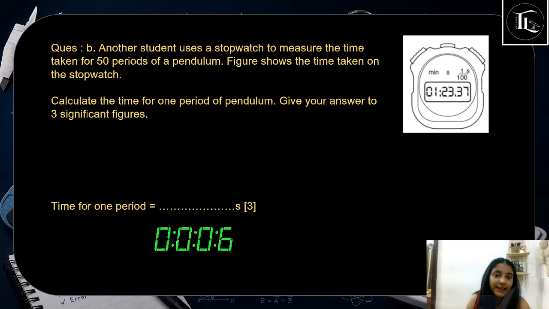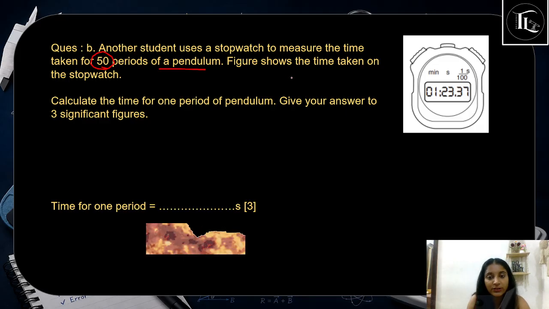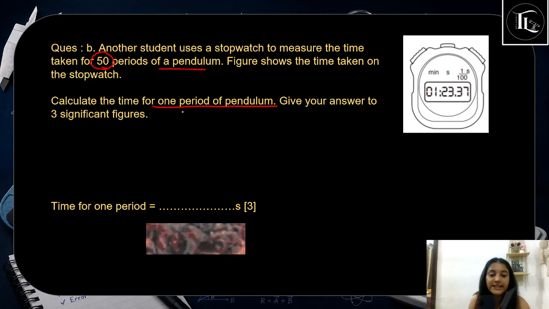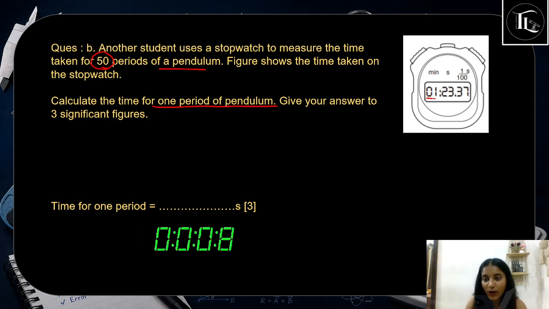Then B part. Another student uses a stopwatch to measure the time taken for 50 periods of a pendulum. The figure shows the time taken on the stopwatch. Calculate the time for one period of the pendulum. Give your answer in three significant figures. So here it is 1 minute and these many seconds. 1 minute is 60 seconds.